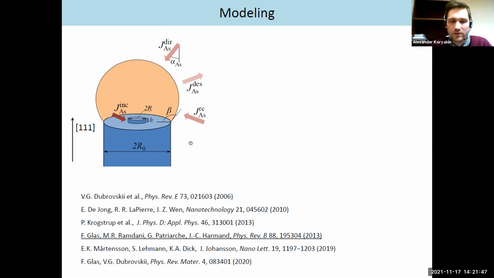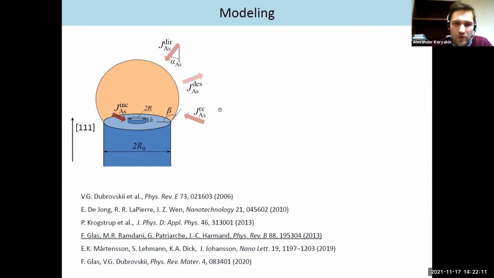There is no faceting in our model. But this model allows us to find growth conditions where theta max, the quantity that I introduced, is larger than 1 or less than 1. So we can make some predictions about when the slow growth regime is possible.